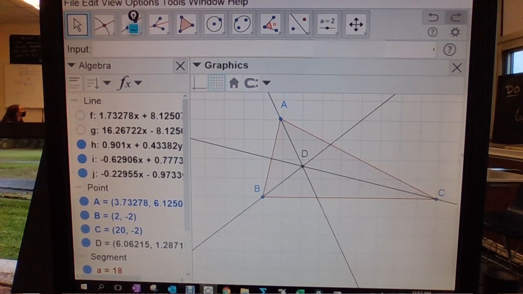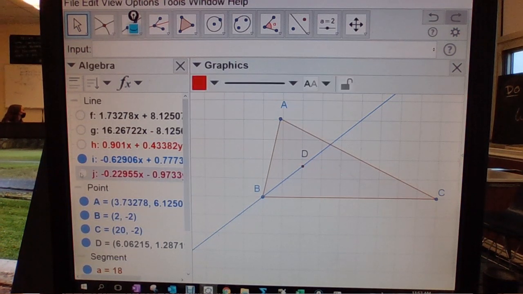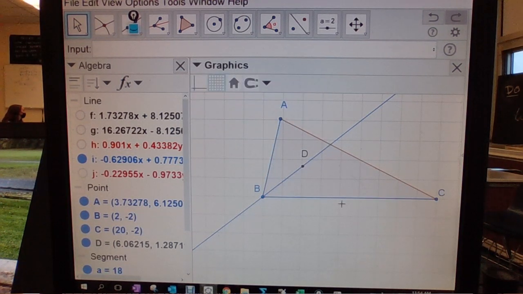Now, if you remember, what we said last week was if we've got a point on, let's say, that blue angle bisector, any point on that blue angle bisector is going to be the same distance from those two blue sides.